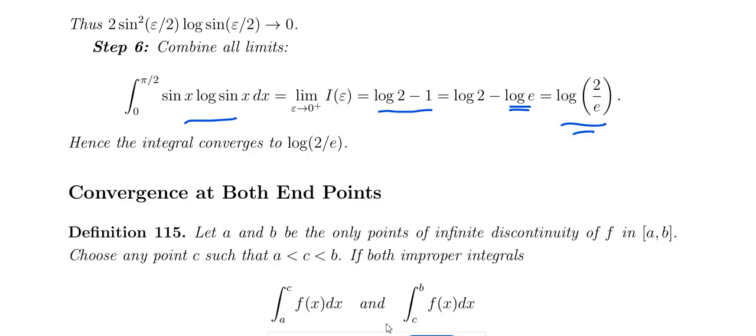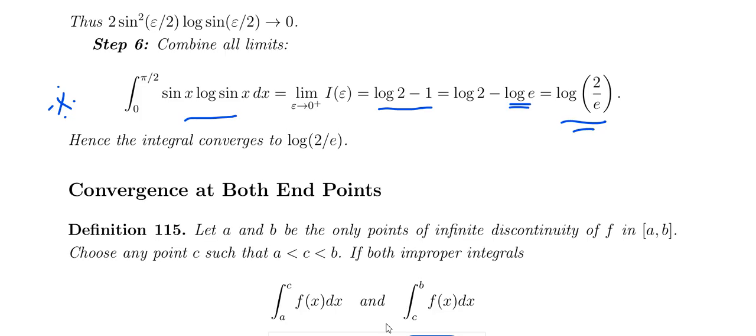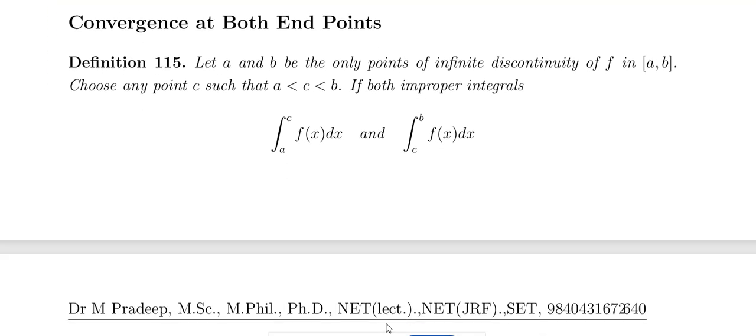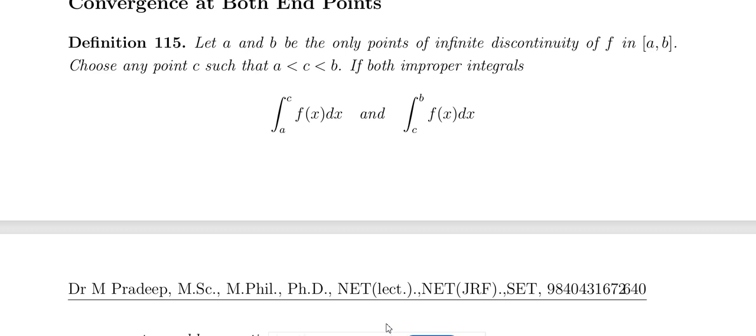That is a very lengthy problem. Okay, but very easiest problem. Steps கொஞ்சம் ஓவரா இருக்கு, அதுதான். And it converges at both ends. So the definition: A and B be the only points of infinite discontinuity. இதுவரையிலும் பார்த்தது ஏதோ ஒன்று தான் infinite discontinuity.